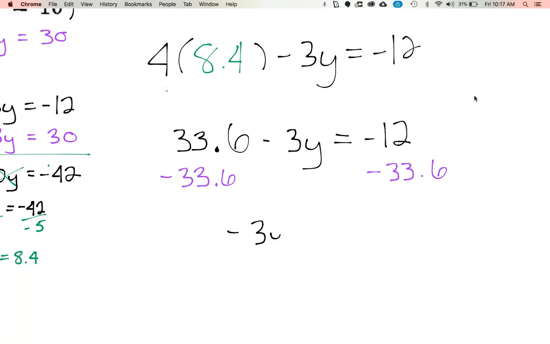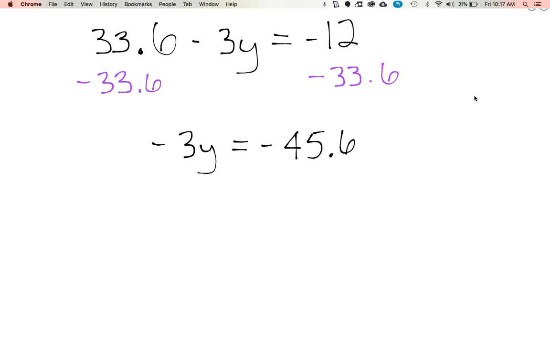So we have -3y equals -45.6. And then I'm going to divide both sides by -3.